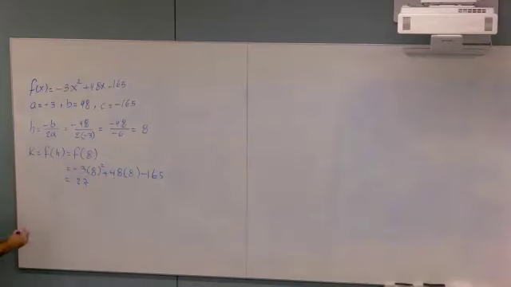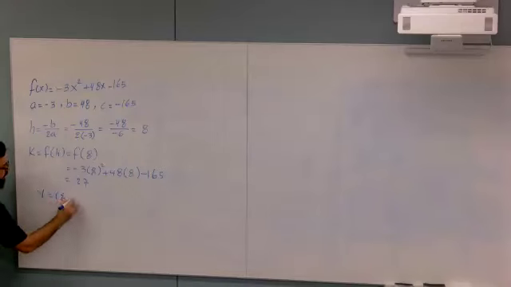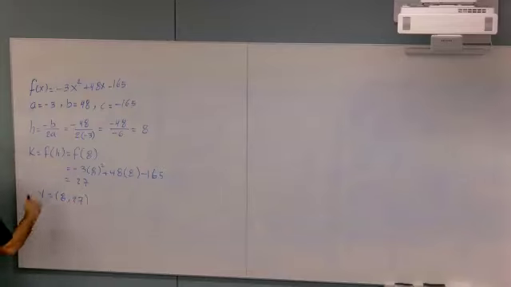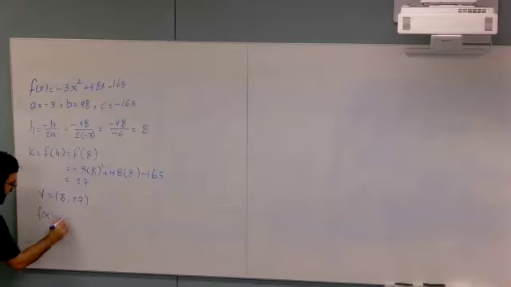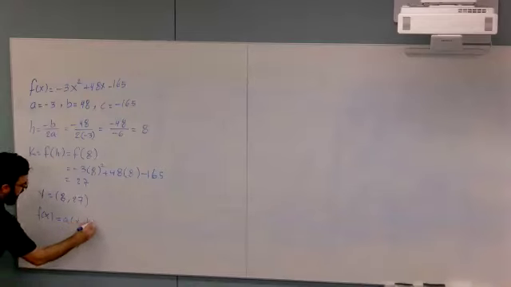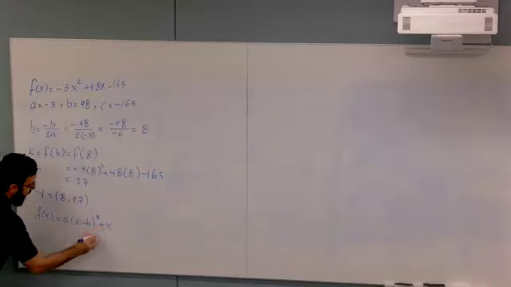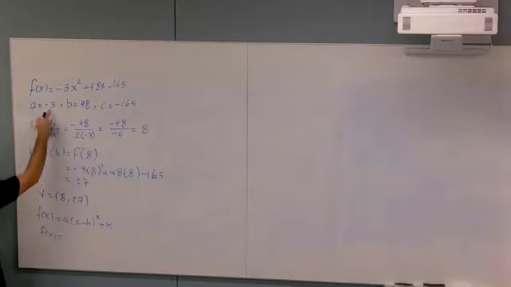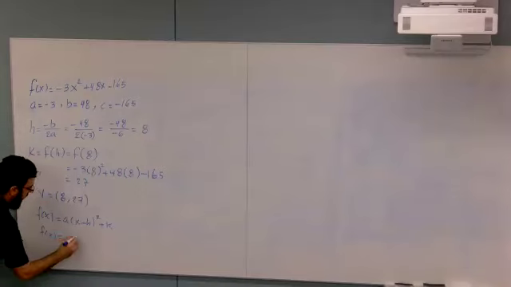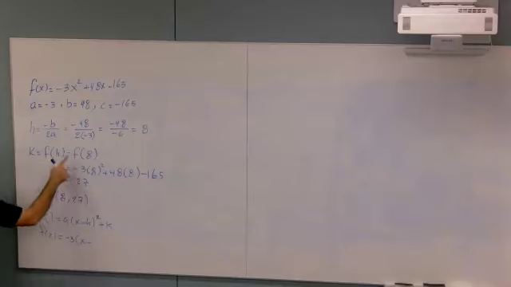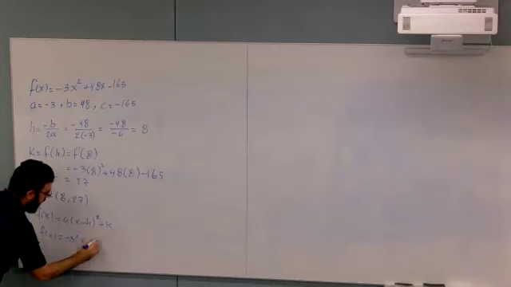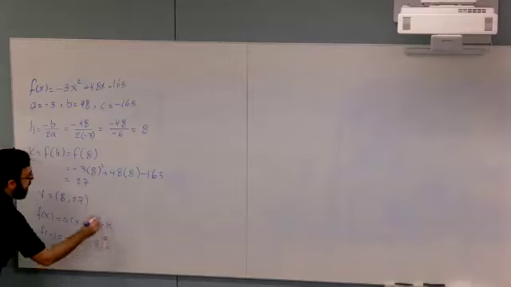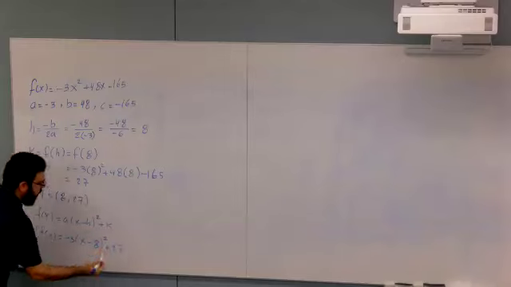It's 27. So the vertex point is going to be (8, 27). The vertex form is f(x) equals a times (x minus h) squared plus k. So f(x) is going to be negative 3 times (x minus 8) squared plus 27.